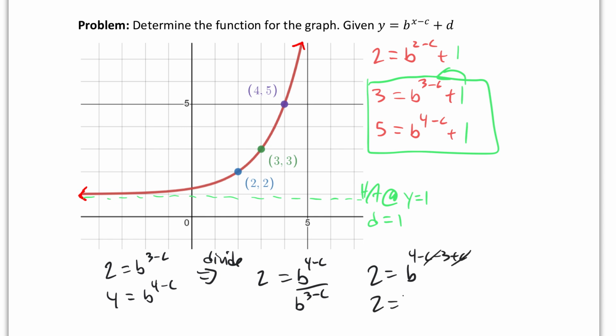So 2 equals b to the 1, or b equals 2. So just like the other question, we definitely have b equal to 2. And if you take that and plug it into any of the equations, you should find c equal to 2 as well. So our final equation will be y equals 2 to the x minus 2, plus 1.